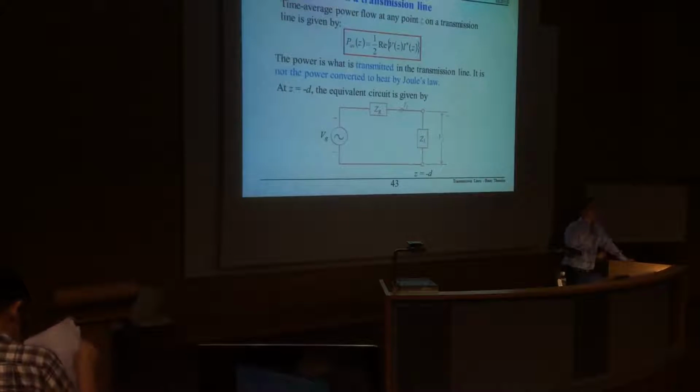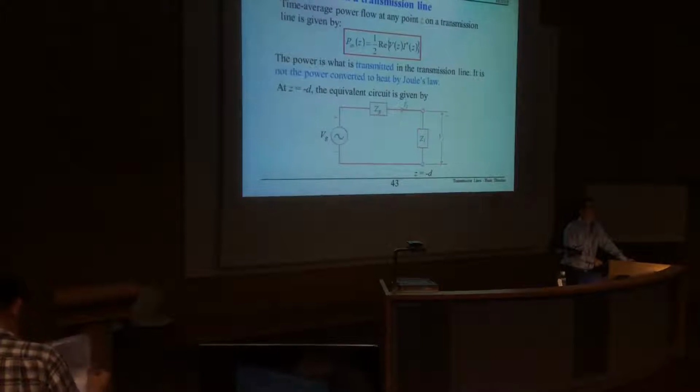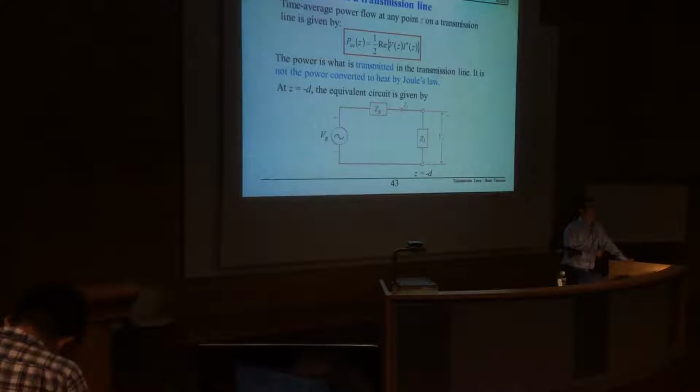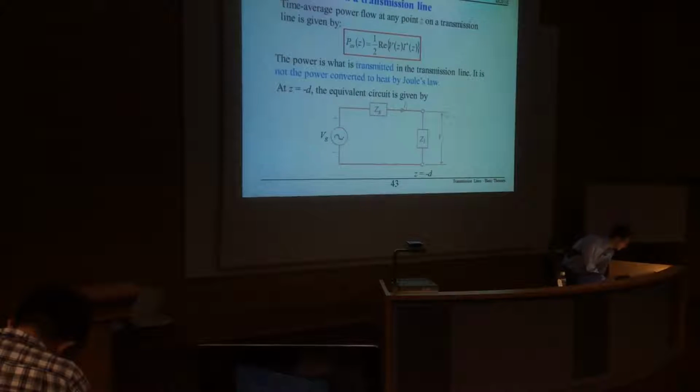Again, those contents are very similar to those in the plane wave chapter. So how to evaluate the power transmission? Now, the time average power flow at any point on a transmission line is given by this.